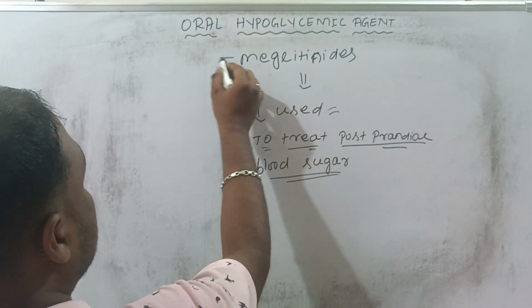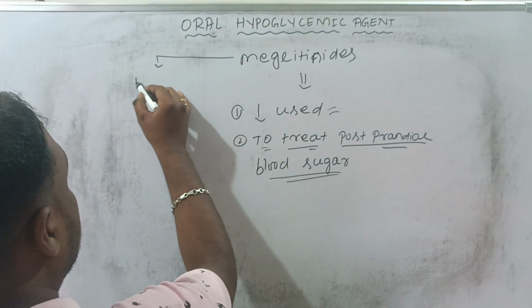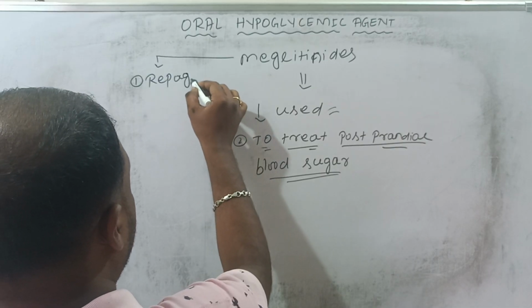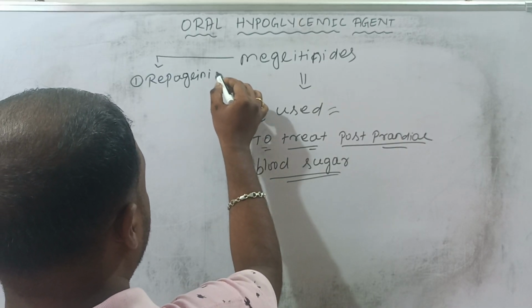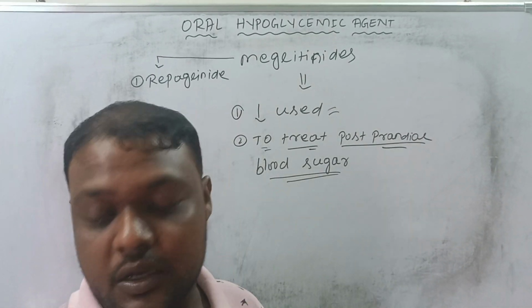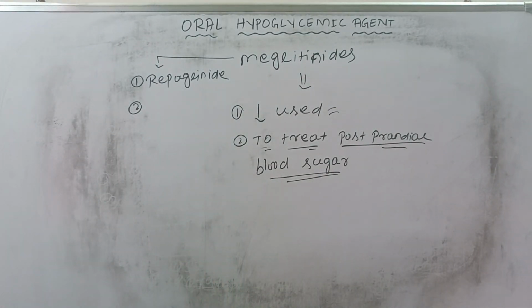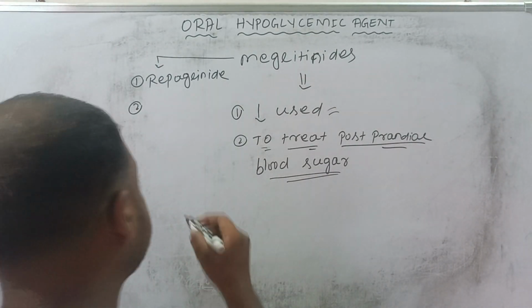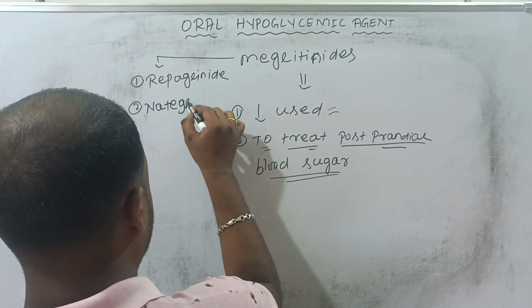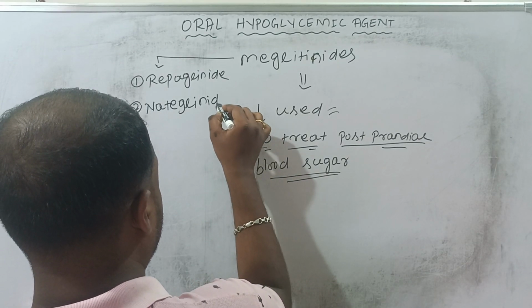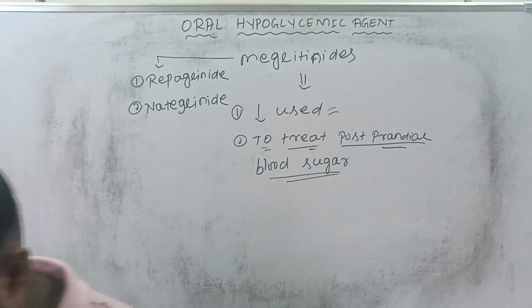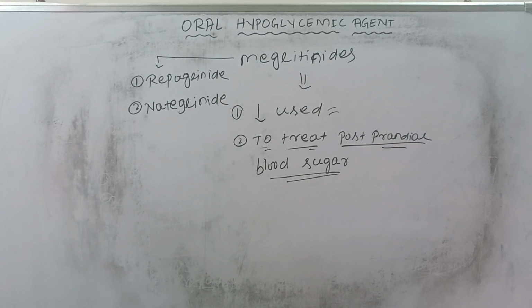Clear? The drug is repaglinide. The second one is nateglinide. Then the third one is mitiglinide.